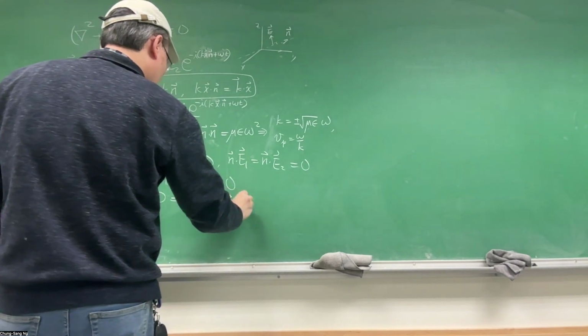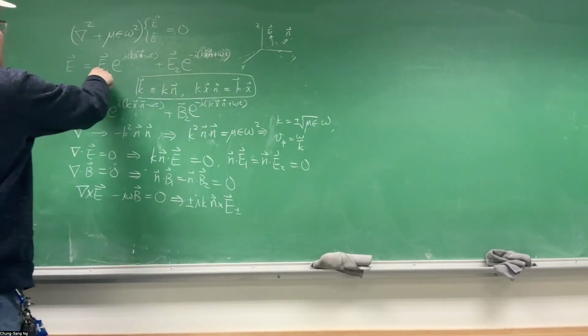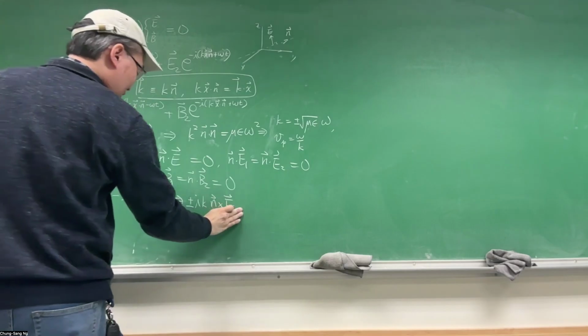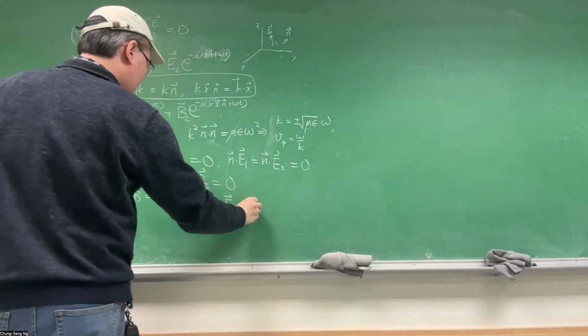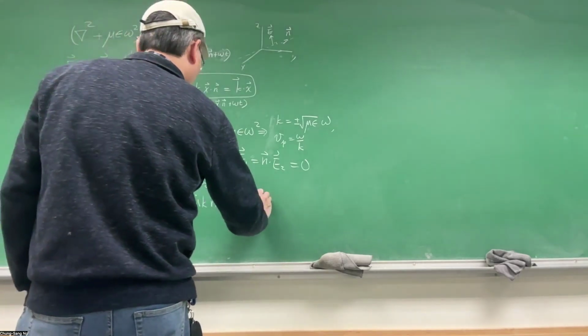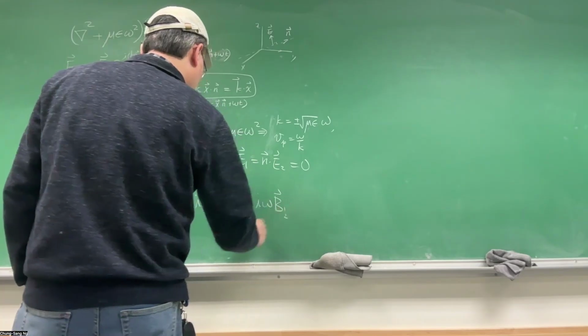So E, either plus or minus for these two terms, I'm using 1 and 2, right? That equals i omega B 1 and 2.